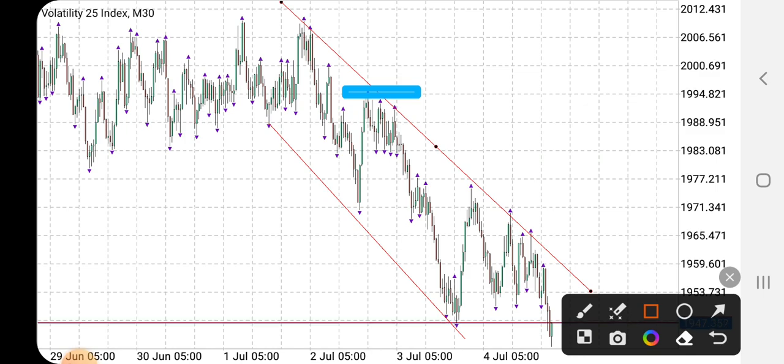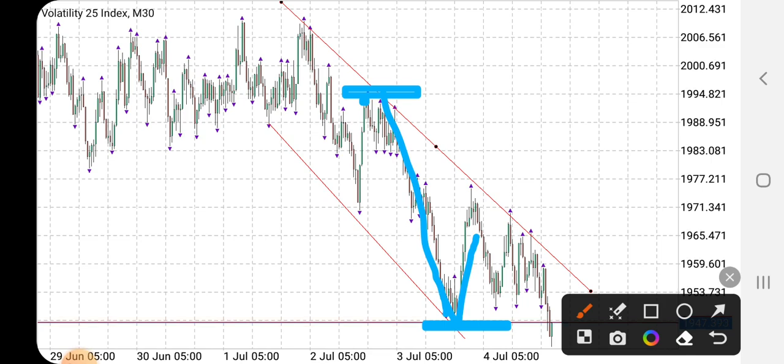Let's say you want to backtest between what happened here to here, and where we are expecting to take this trade. Let's say that the price has pushed down this way, and you are waiting for the price to push up to retest your trend line, for you to know the exact place where you're going to make your entry.